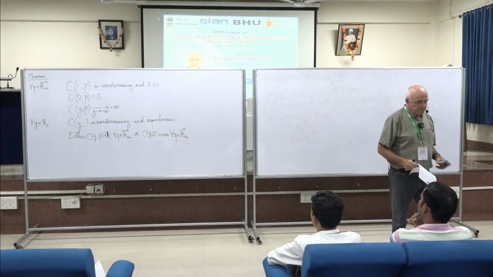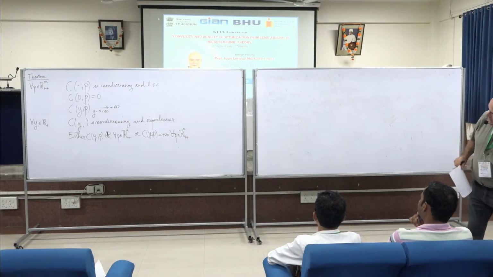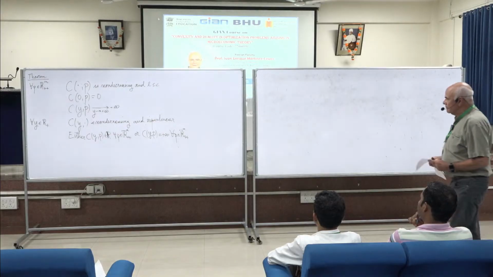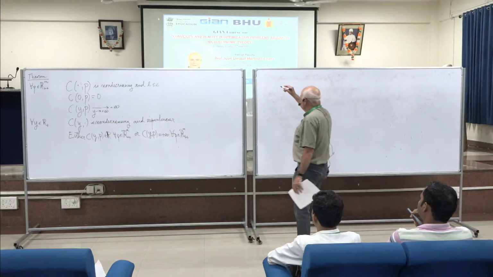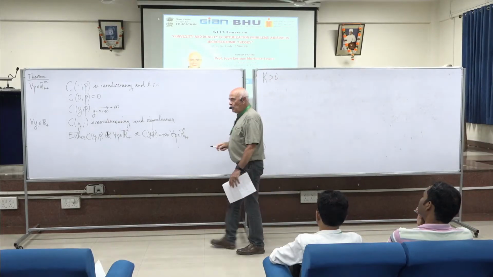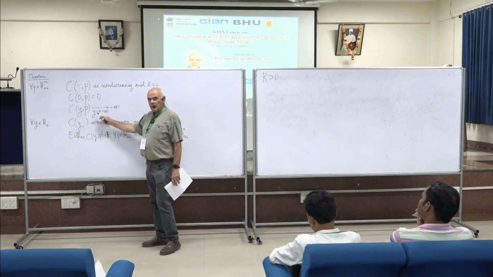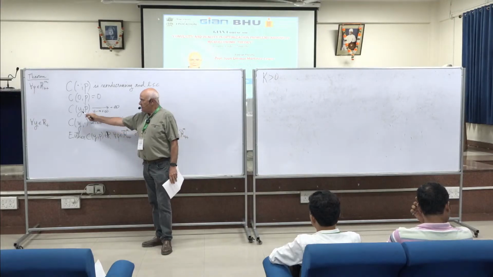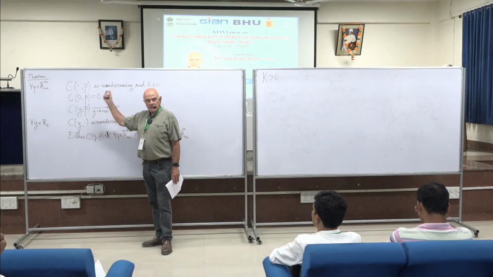Third property. We fix a positive number k, and we have to prove that for y large enough, C of yp is greater than k.